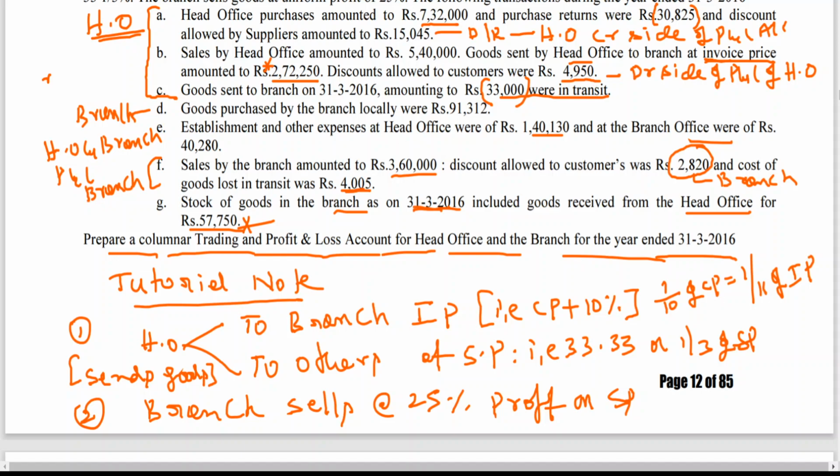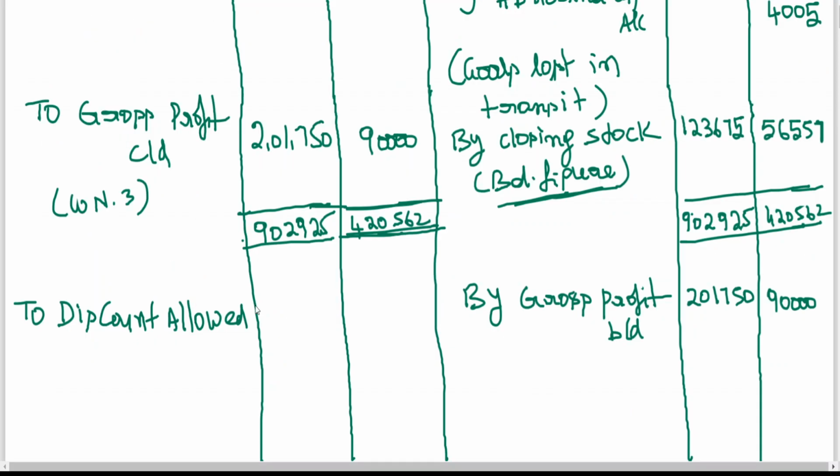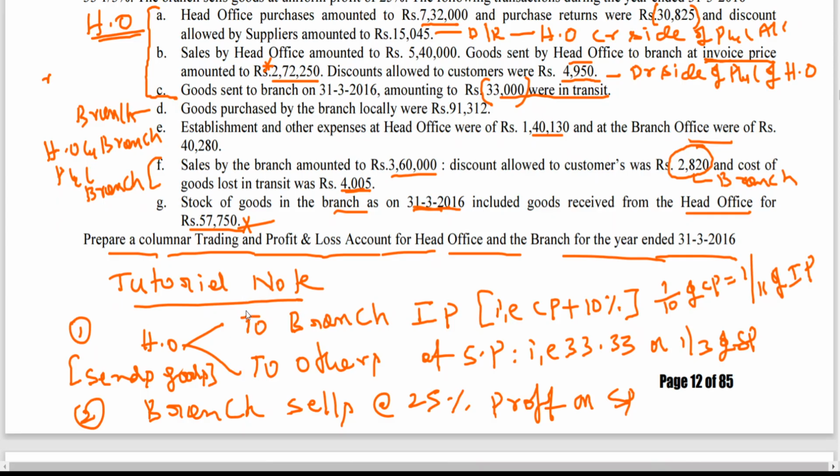So let me take this. To discount allowed 4,950, and here it is 2,820. Clear to all of you? Discount allowed 4,950 and 2,820 is on the debit side of the profit and loss account of head office and branch. Coming back to this, we also got establishment expenses of head office and branch.